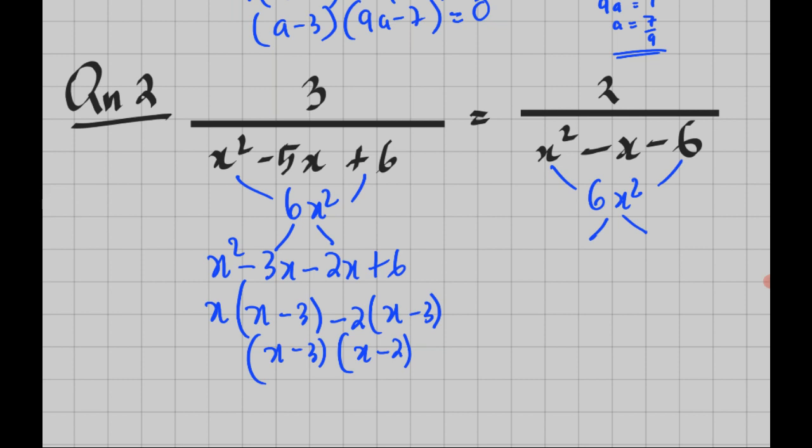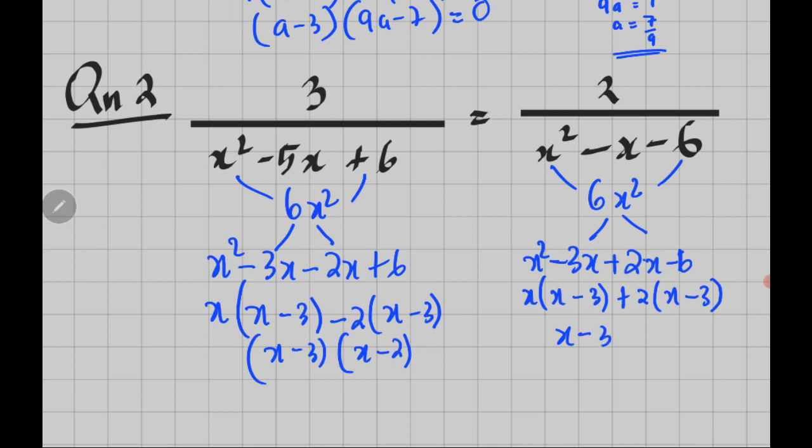The numbers are minus 3x and minus 2x. So it becomes x minus 3 times x minus 2. And for the next one, the numbers are negative 3x and positive 2x, so minus 6x squared. So it becomes x minus 3 times x plus 2.